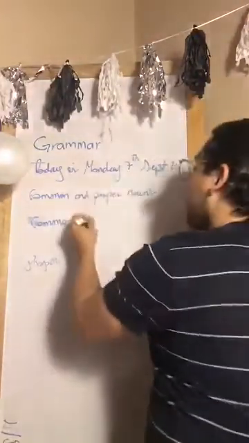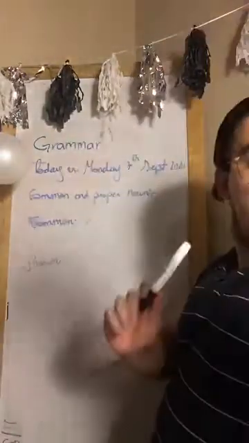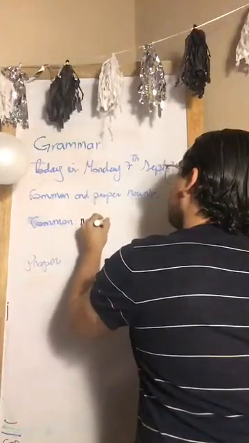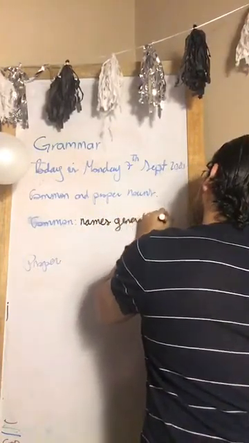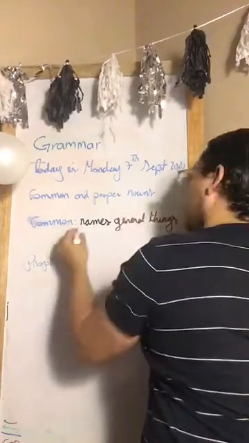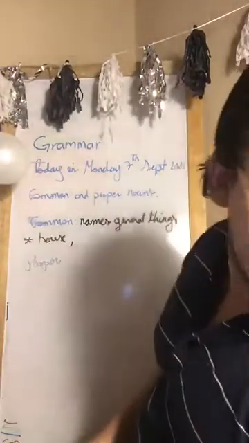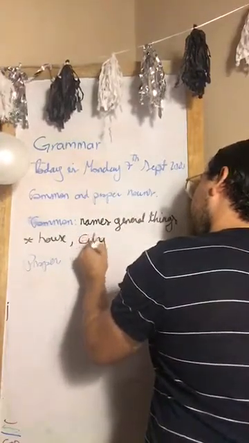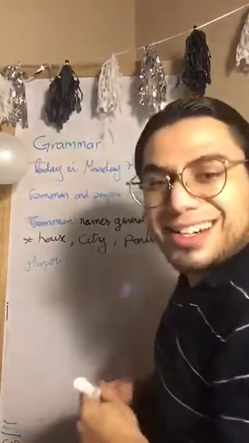So the common noun names general things. Like house, city, pants. Okay, those are things that are general.